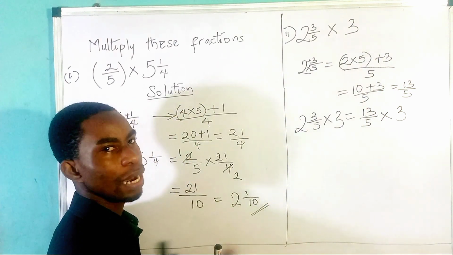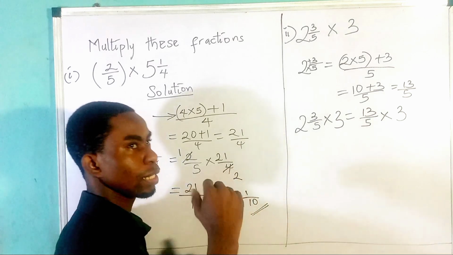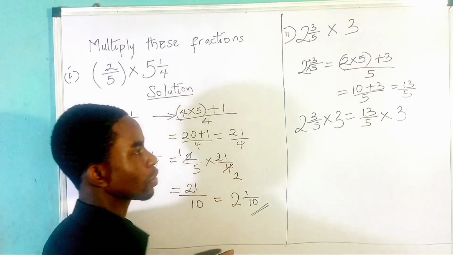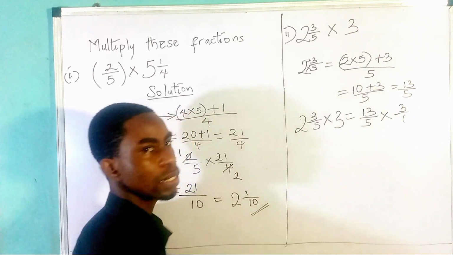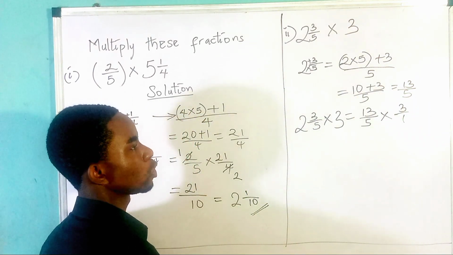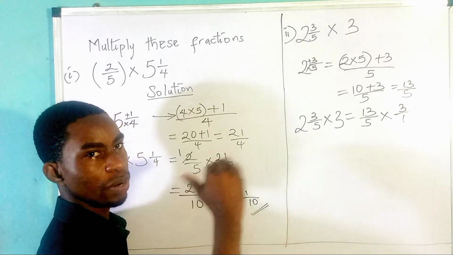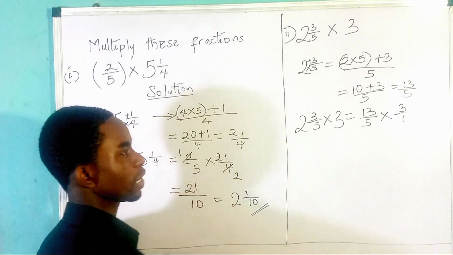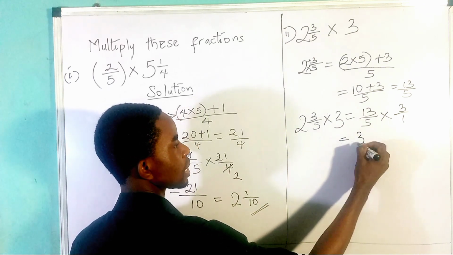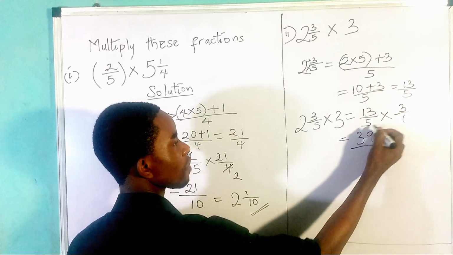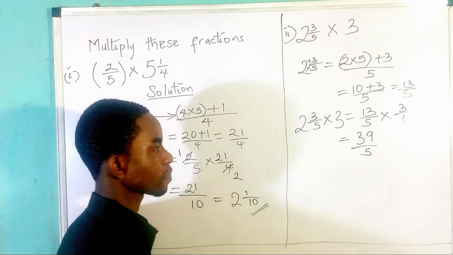So I'm going to make it look like a fraction. 3 is the same thing as 3 over 1. So now we can multiply numerators and denominators separately. 13 times 3, that's 39, over 5 times 1, that is 5.